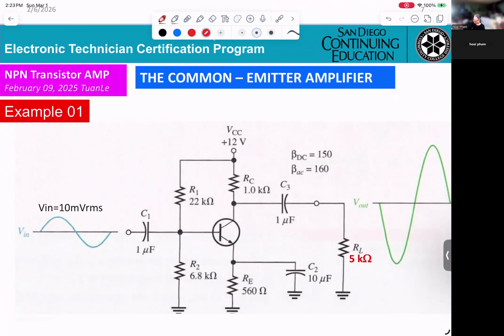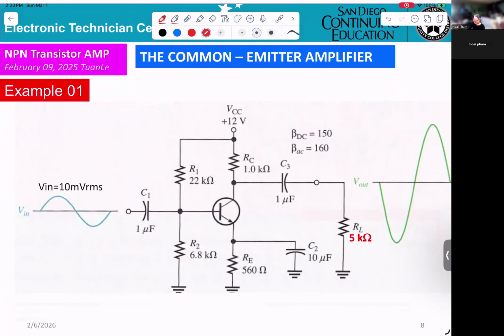Now, we try example number 1. You get a sine wave of 10 millivolt RMS applied to that amplifier. So you understand at the base, you get 10 millivolt RMS. And also you have to get a DC voltage from the DC calculation.